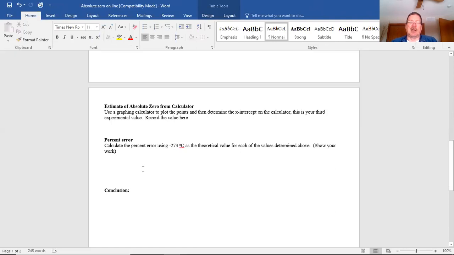Then your next deal is using a graphing calculator. Now, if you have a graphing calculator, okay, and most of you do have some sort of Texas Instrument or something like that. A lot of you do. If you have a graphing calculator, then plug in all the points. And I'm not a big wizard on Texas Instruments or graphing calculators.